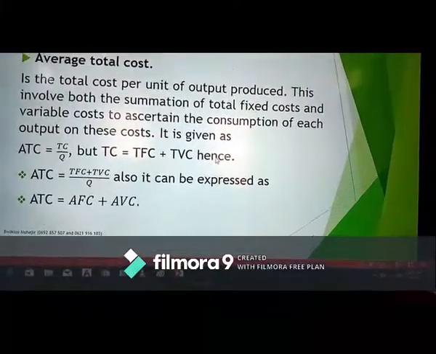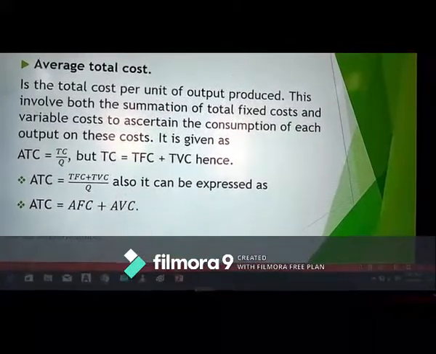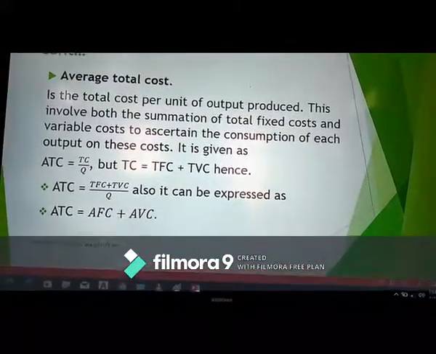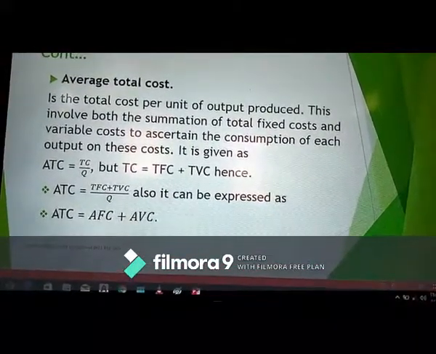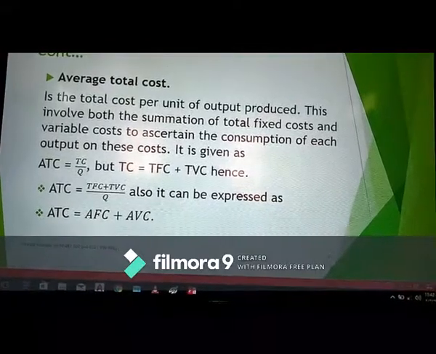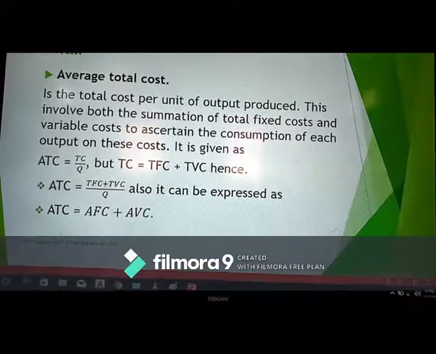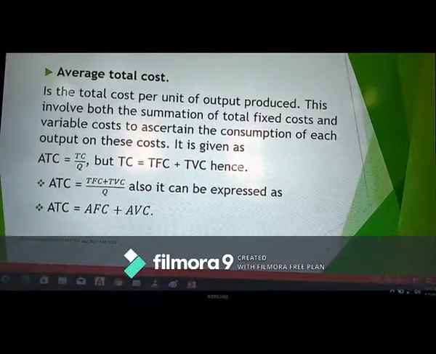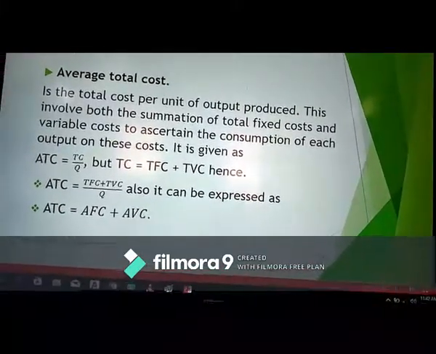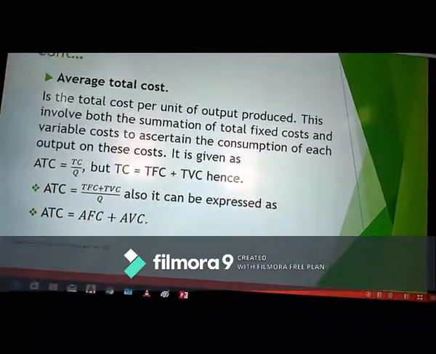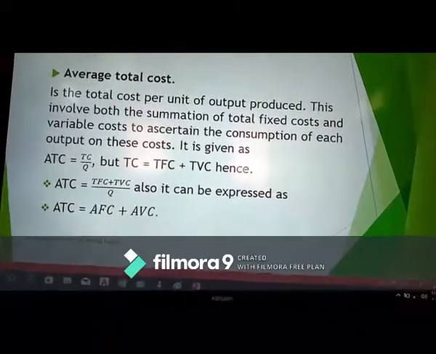The last one, under the average costs, is the average total cost. This is the total cost per unit of output produced. This involves the summation of total fixed cost and variable cost to ascertain the cost of each unit of output.